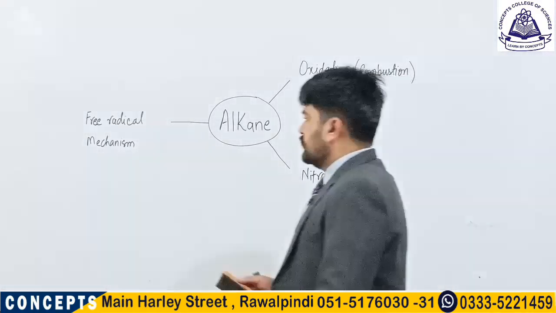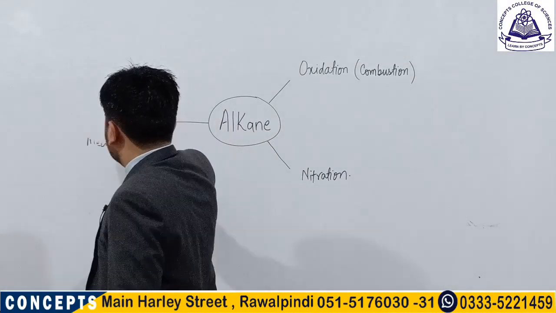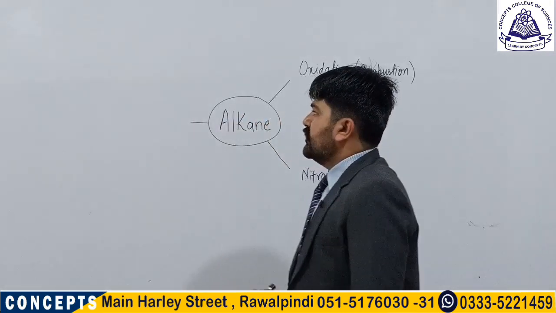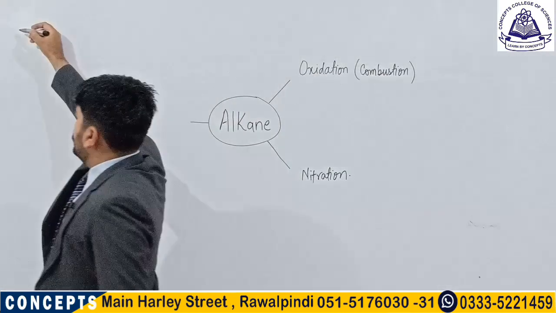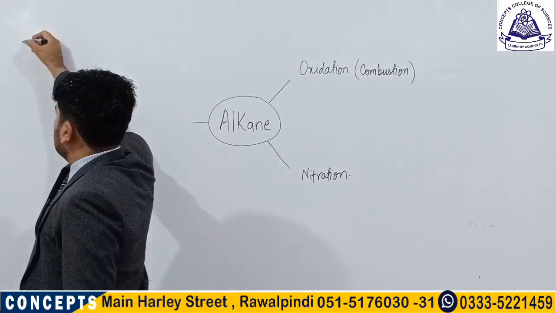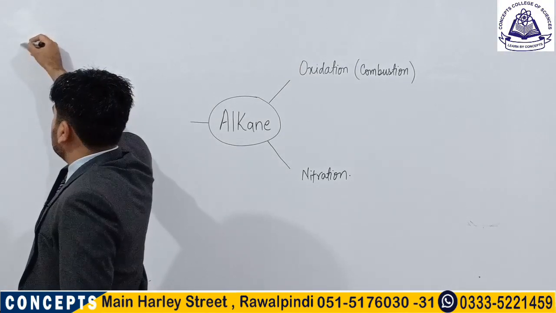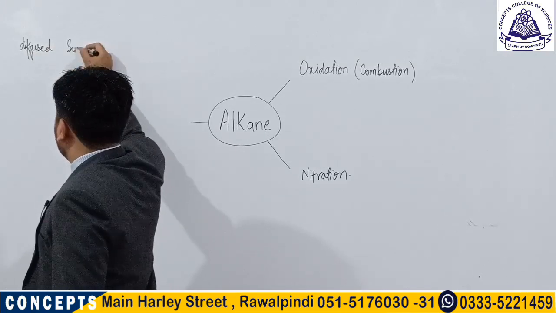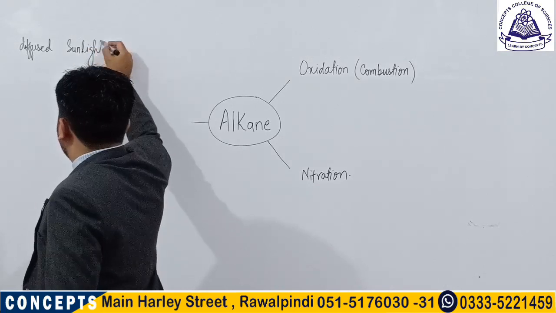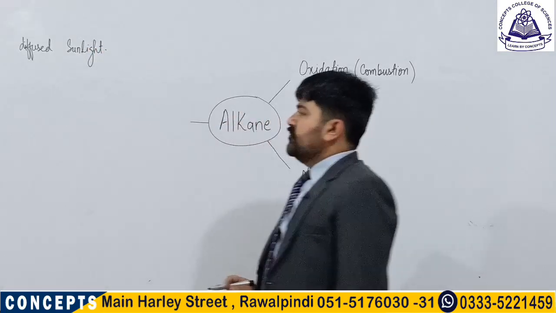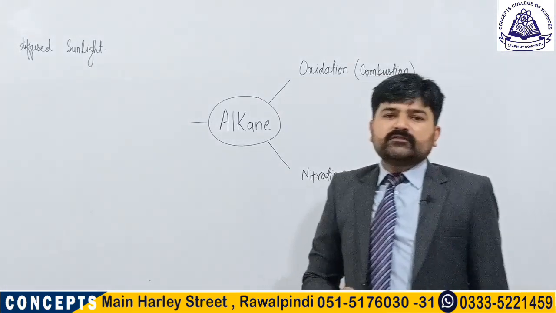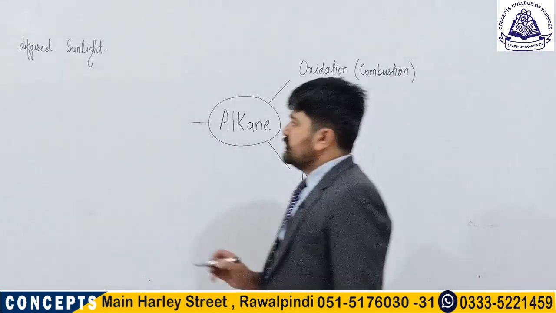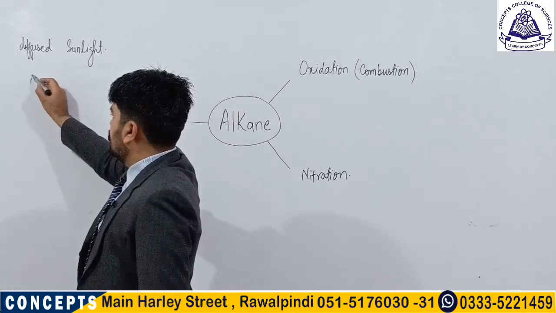Let's start with the free radical mechanism. For the sake of simplicity, we divide the method into steps. Free radical mechanism mostly takes place in the presence of diffuse sunlight. For ease, this method is divided into three steps.